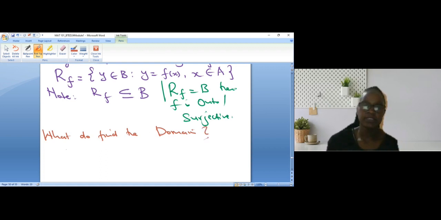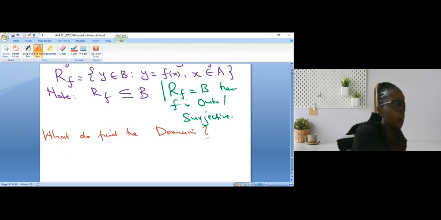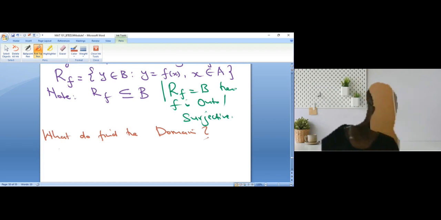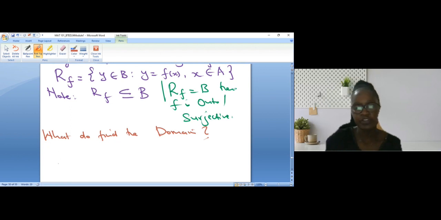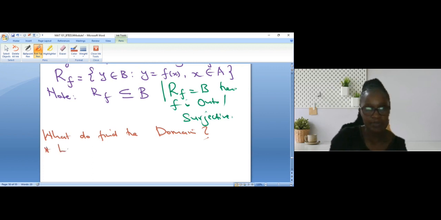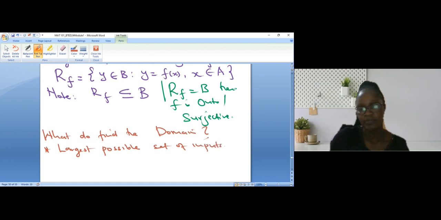Normally, at our level, the largest possible set of inputs is the set of real numbers, since we are considering real-valued functions.